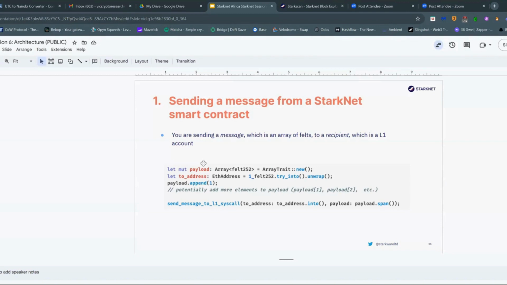This is part of the native system calls, being able to send a message to layer 1, it's ingrained as part of Starknet, and you can see it: send message to layer 1, where you have the two address and the payload.